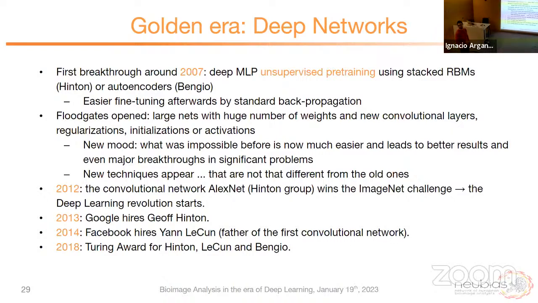In 2013, Google hired this guy. In 2014, Facebook hired Yann LeCun, the father of the first convolutional network. And in 2018, this trio, Hinton, LeCun, and Bengio, won the Turing Award. Actually, 2 of them, I think, were awarded the Príncipe de Asturias last year, proposed by Pedro.